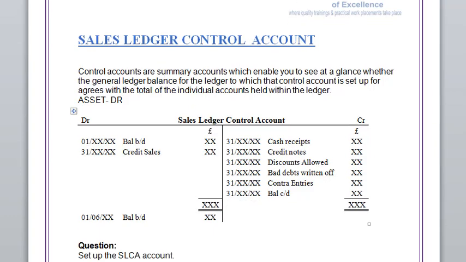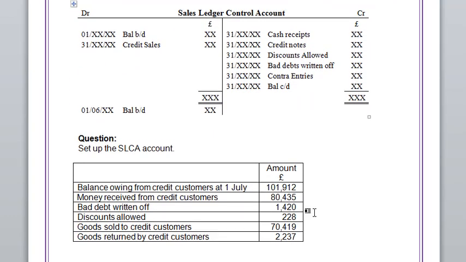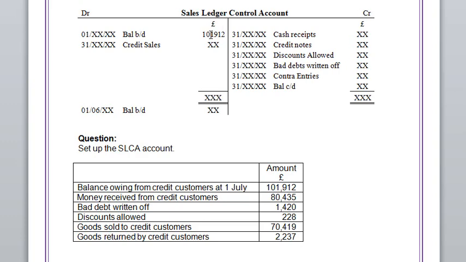Let's look at an exercise, and I'm going to throw the answers into this table, and then I will ask you to close the account, because I'm sure you can do that. Balance owing from credit customers at the beginning of the month of July. That is a debit. So we just throw the figure into the debit side, and that's the 1st of July.